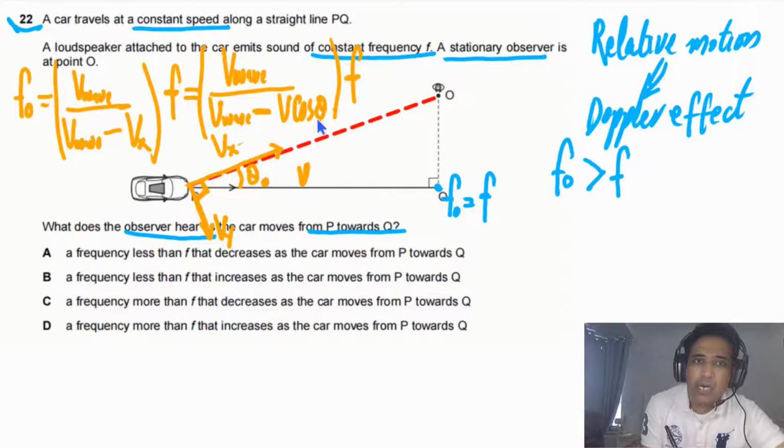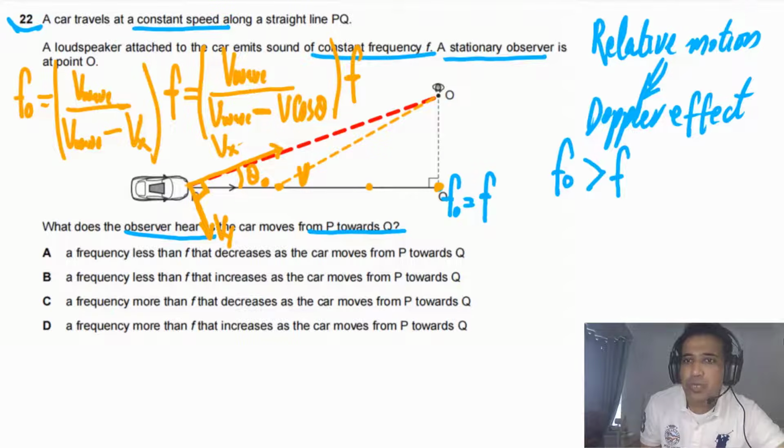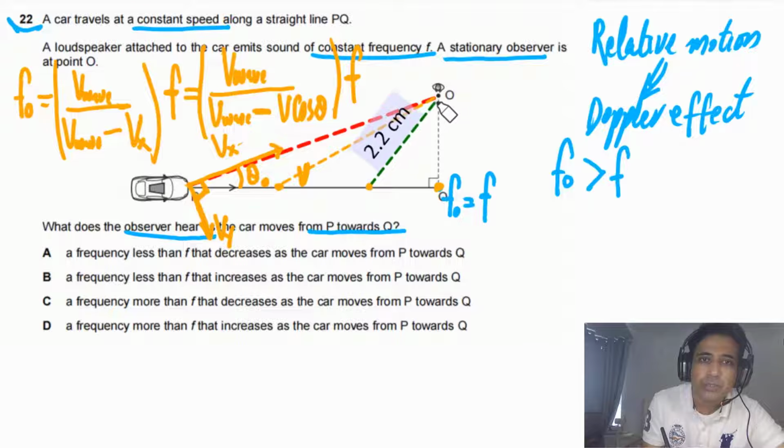Now we need to understand how this theta is changing when the source is approaching the observer. For that purpose, we can imagine the source at this point, at this point, and at this point. When the source is here, we can draw this line and give a certain name to this angle, and we can also draw another line for the other points.